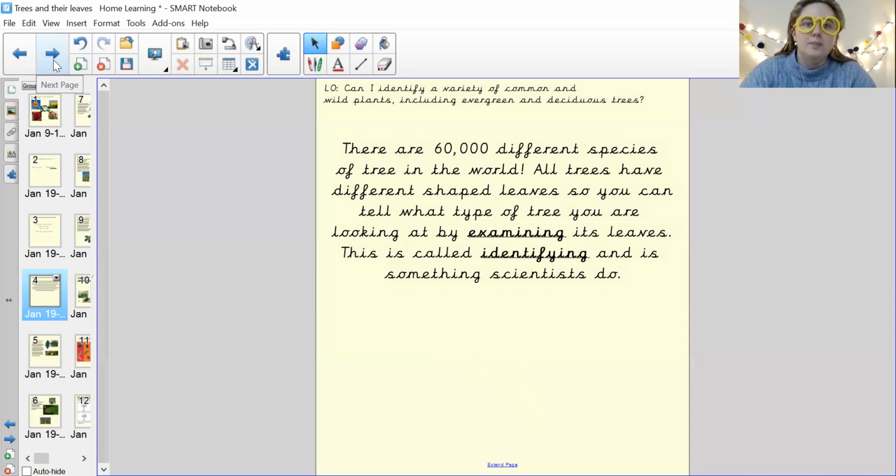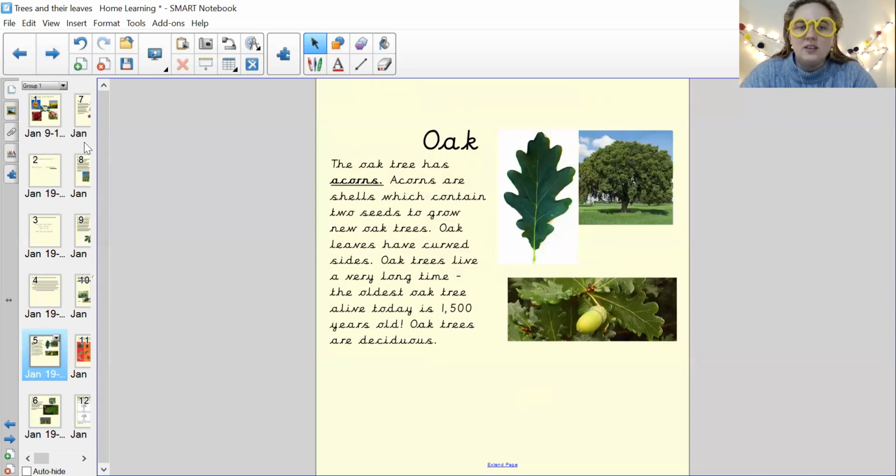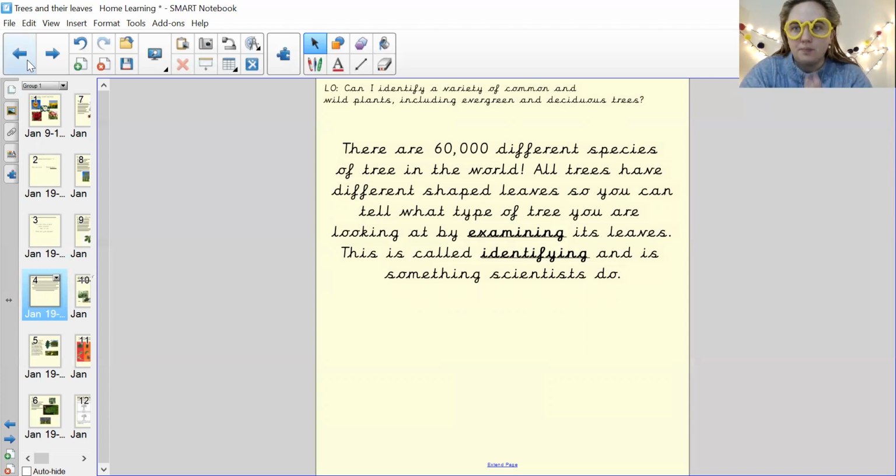So, first things first, actually, before I show you, do you remember what we said about the differences between evergreen and deciduous leaves? Do you remember? Well, let me remind you, we said that deciduous leaves are often bigger and flatter, yeah?